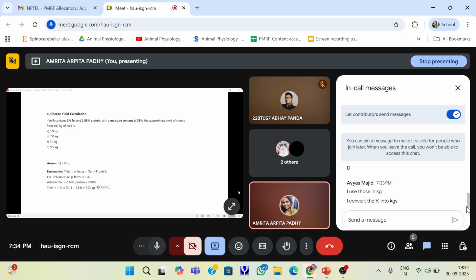I put the percentage into kg. Anyone else? I can explain the explanation given, but as it is not matching with your answer, I'm asking.